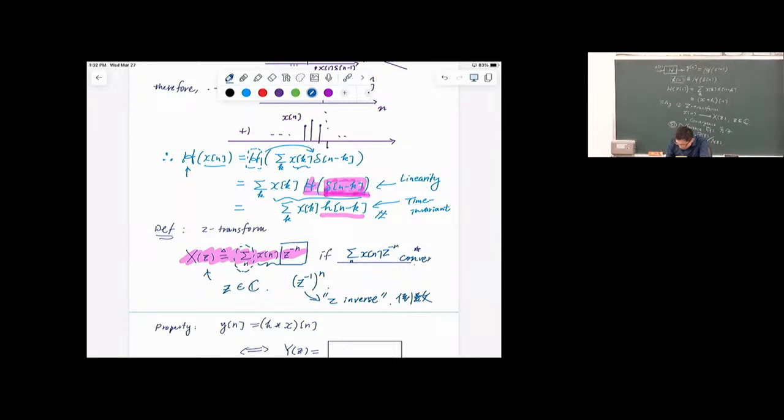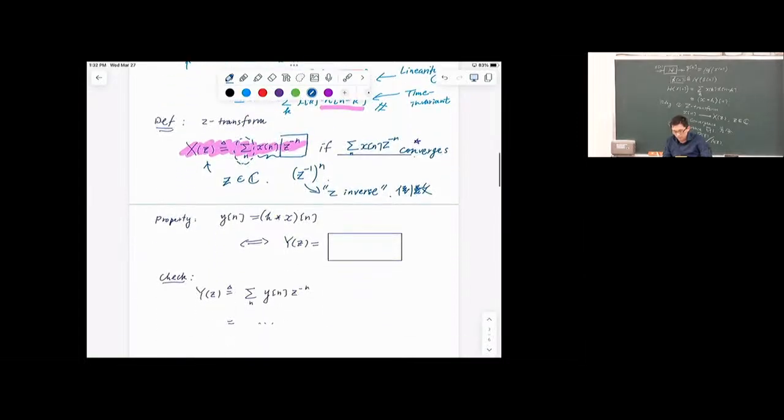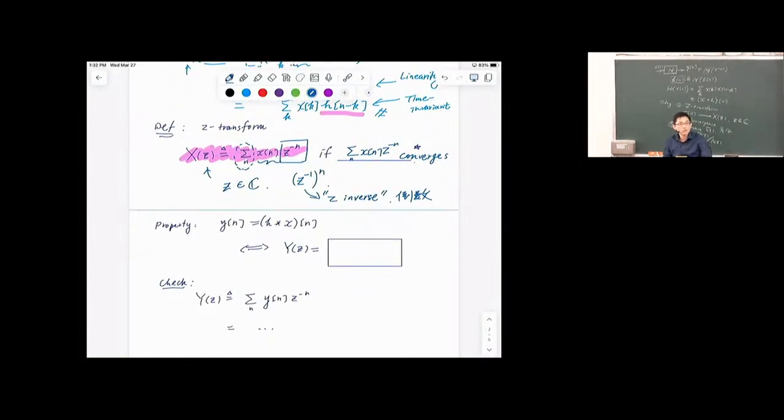Now we'll come back to convergence, especially after we talk about difference equations.